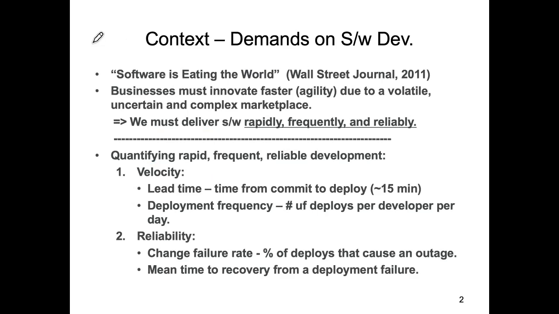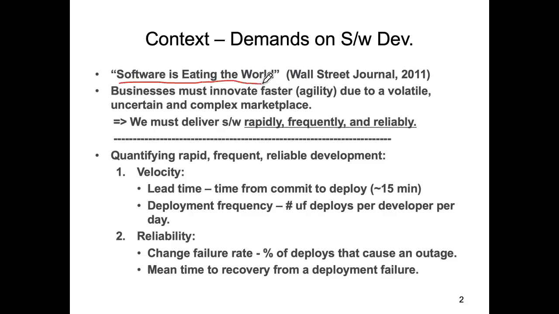Back in 2011, there was an article written in the Wall Street Journal, which would be classified as a business type newspaper, I guess. And the title of the article was Software is Eating the World.